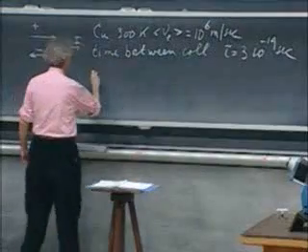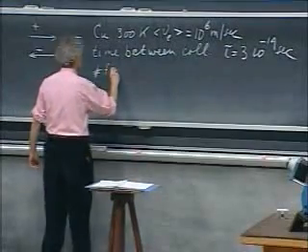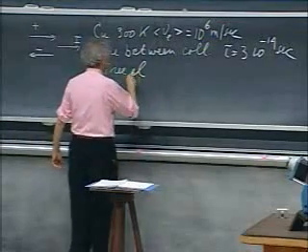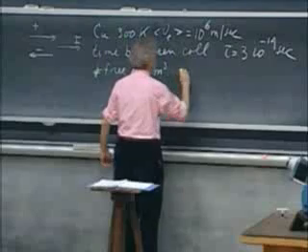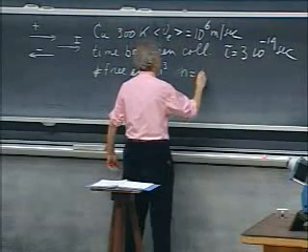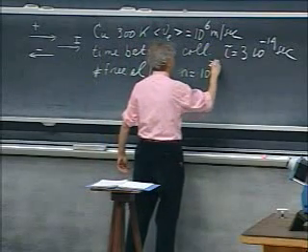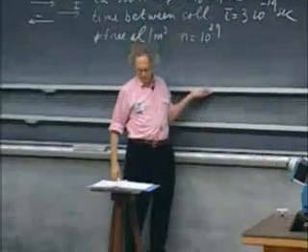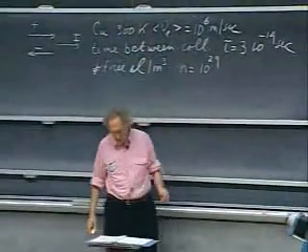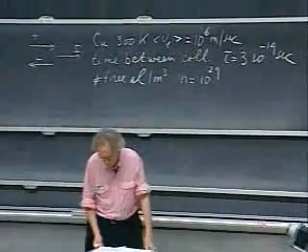And the number of free electrons in copper per cubic meter, I call that number n, is about 10^29. There's about 1 free electron for every atom. So you get 10^29 free electrons per cubic meter.